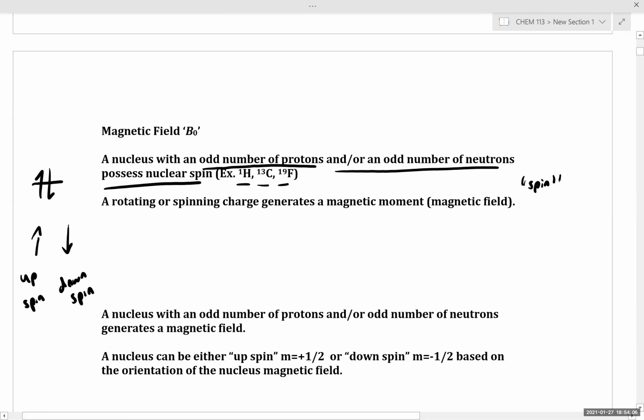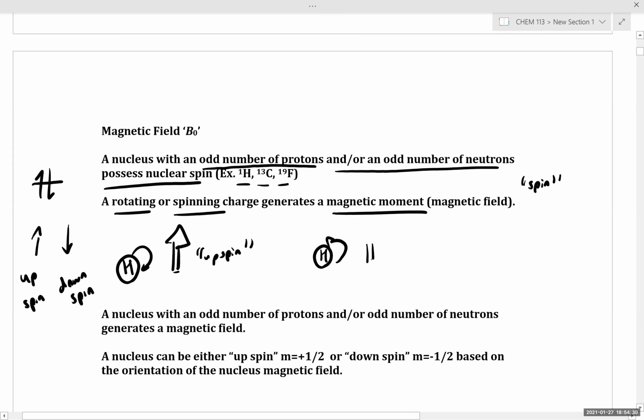It has a very special meaning in physics and chemistry: the idea that a rotating or spinning charge generates a magnetic moment. The magnetic moment can either be oriented in one direction that we'll call upspin, or in the opposite direction, which we call downspin.